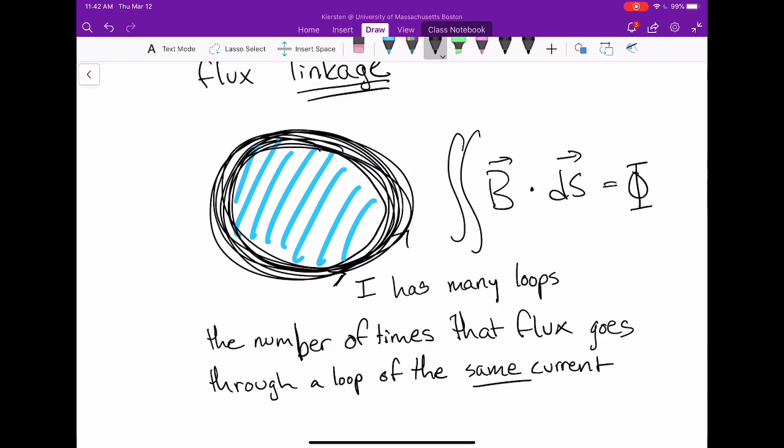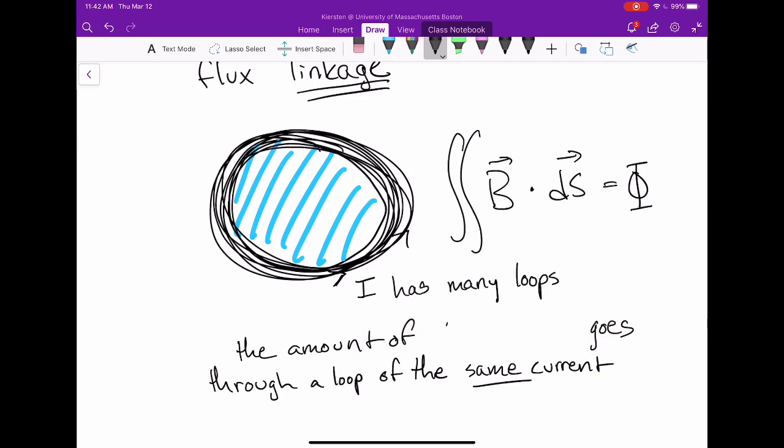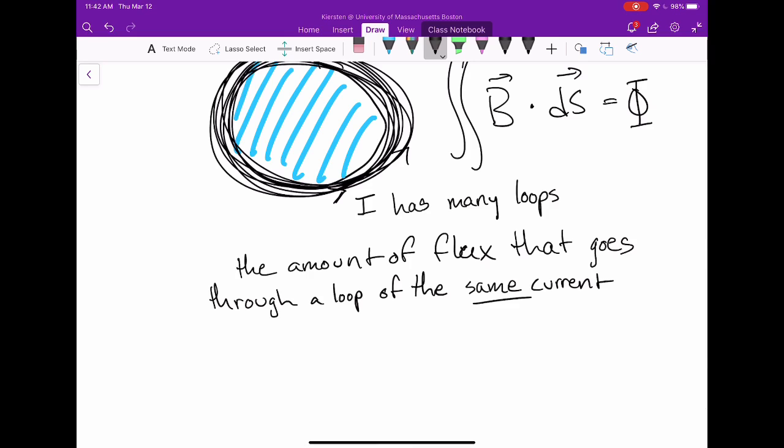I guess not the number of times, because it's actually an amount of flux. So the amount of flux that goes through a loop of the same current. So that means that double counting is okay. And in fact, it is what you want.